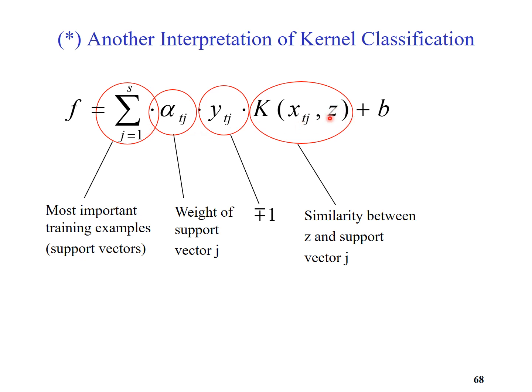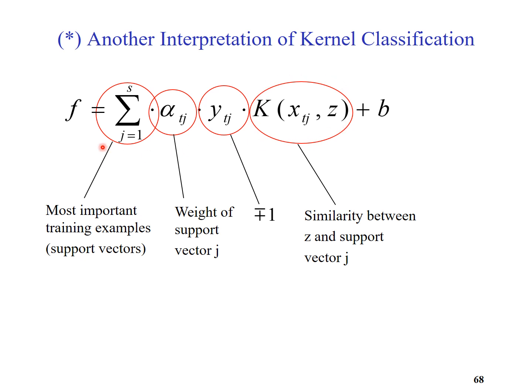When you classify new data Z, you use the kernel function. Basically, for the new data Z, you calculate the similarity between Z and each of the support vectors. This is the importance of each support vector, and you calculate the weighted average of this similarity.